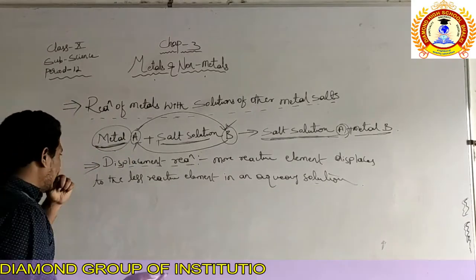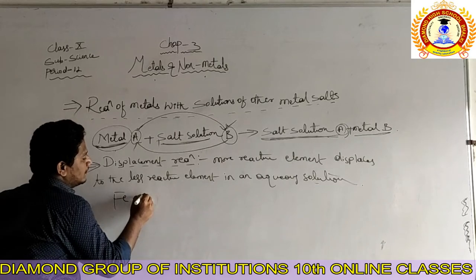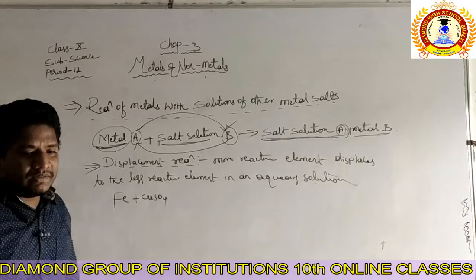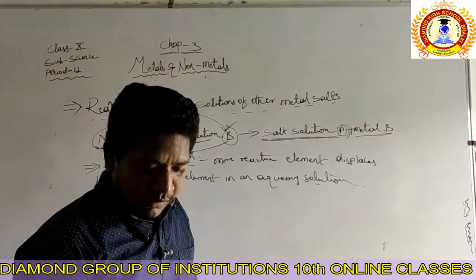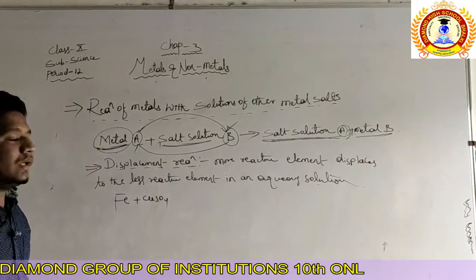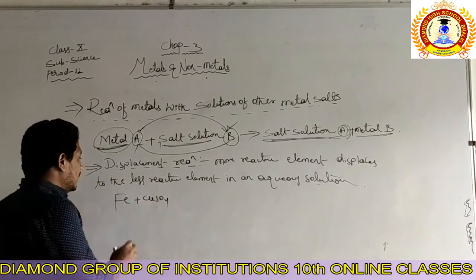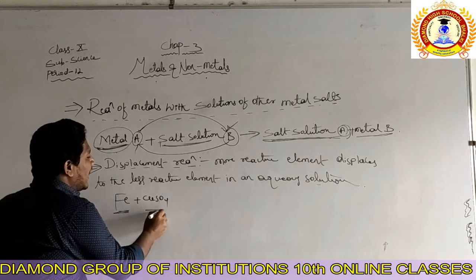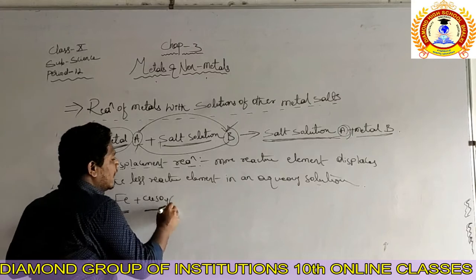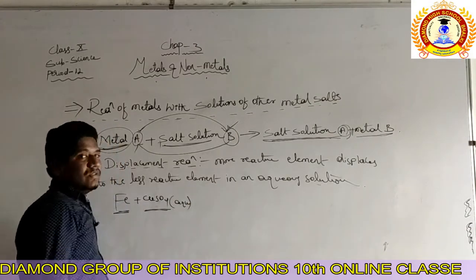Now understand this by an example of a displacement reaction. Fe plus CuSO4. Just take an example. When iron reacts with copper sulfate, the copper sulfate is in aqueous solution.